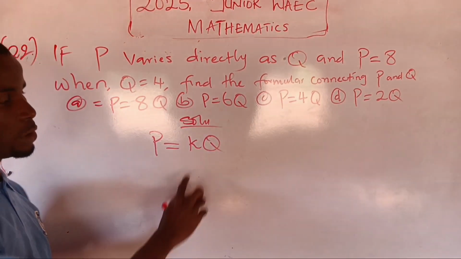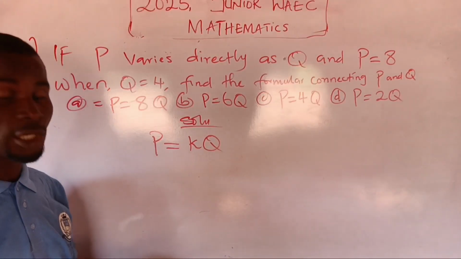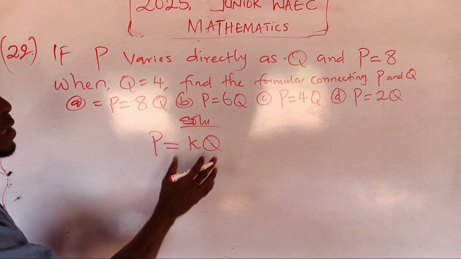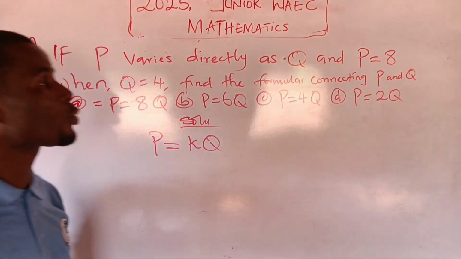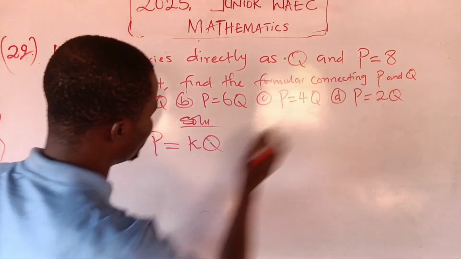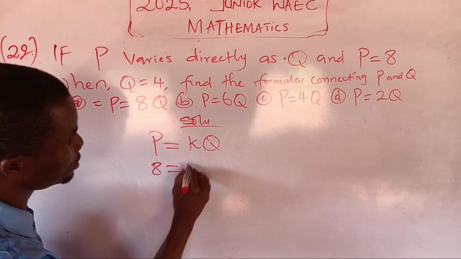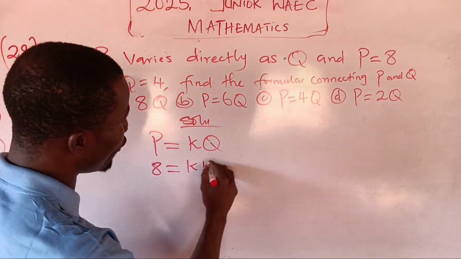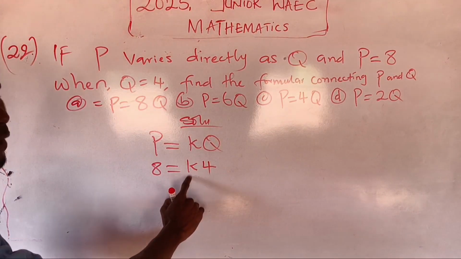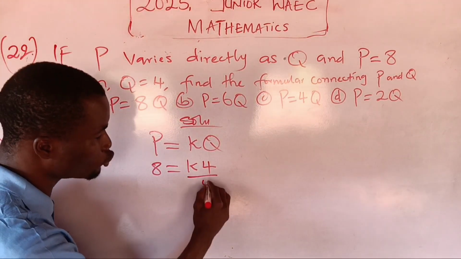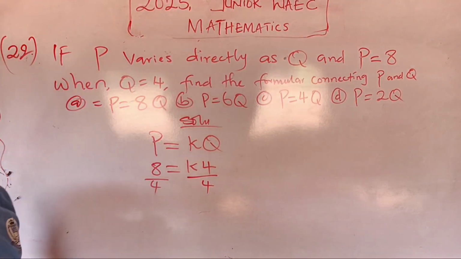As Q. K is the constant. So to get the formula, what do you do? Now let's substitute. Our P is given as what? 8 is equal to K. Q is given as what? 4. So to get this constant, which is K, we divide all through by 4.